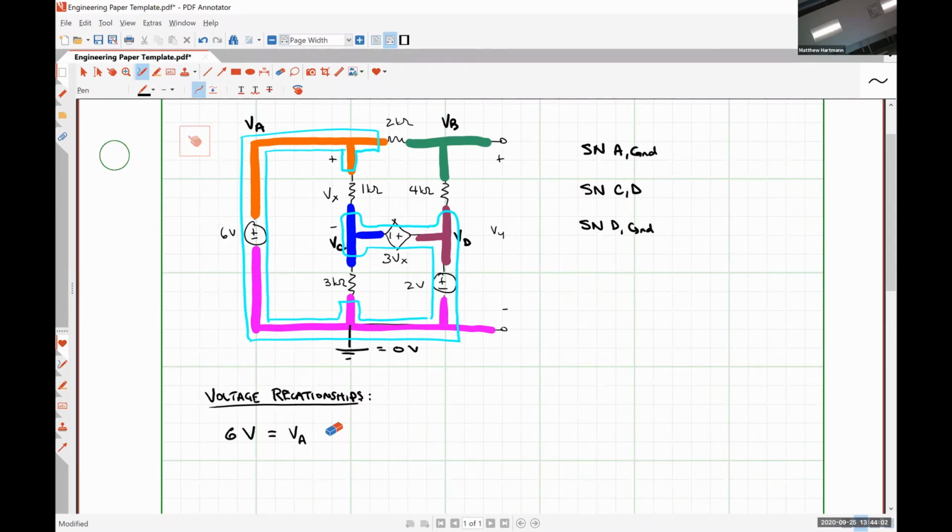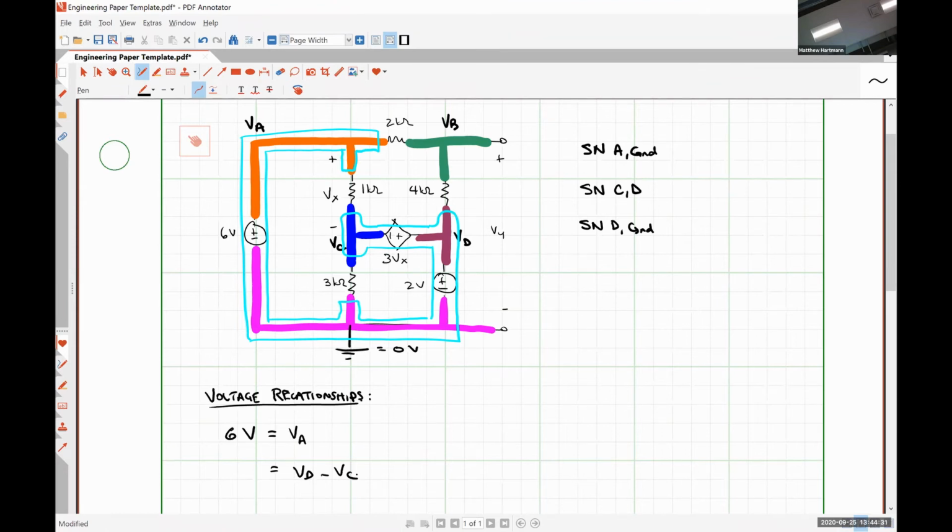For our supernode containing our dependent source, what's the voltage supplied by the dependent source? The dependent source is the one that's a diamond. So it'll be something is equal to VD minus VC. What's that something? How much voltage is being supplied?